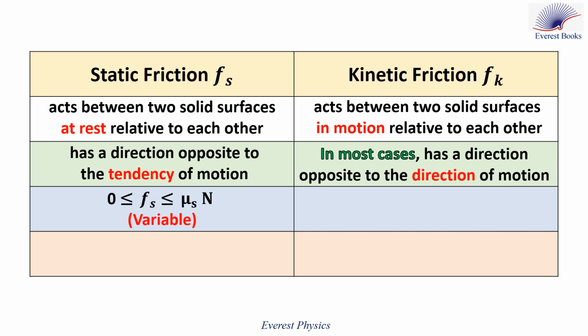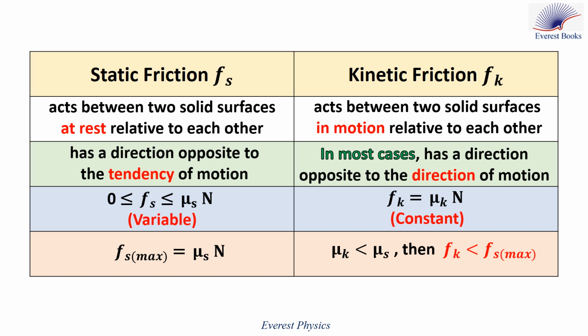The magnitude of the static friction is variable. The magnitude of the kinetic friction is constant. The maximum magnitude of the static friction is μsn, but because μk is less than μs, the kinetic friction is always less than the maximum static friction.